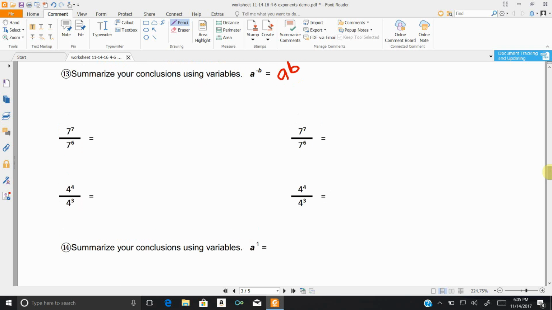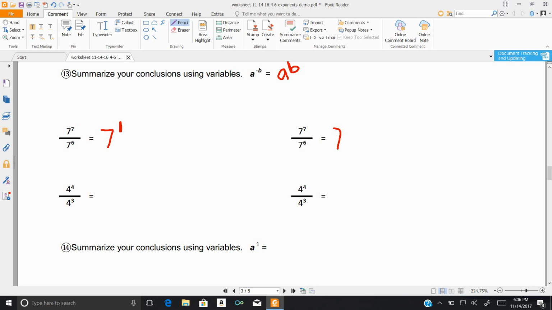We're also going to use the subtraction property again here. So 7 to the 7th power divided by 7 to the 6th power. 7 minus 6 is 1, so that's 7 to the first power. And if I put it in my calculator, I get that expression is equal to 7.